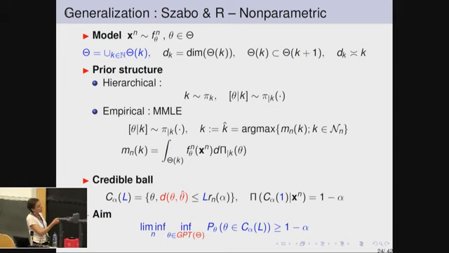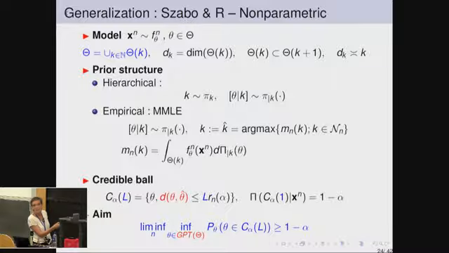Okay, and now if you have something like that, then the natural way of constructing a prior is to select the space where you are, k, and once you selected k, then to select the parameter theta given k with whatever distribution, typically absolutely continuous with respect to the Lebesgue measure.